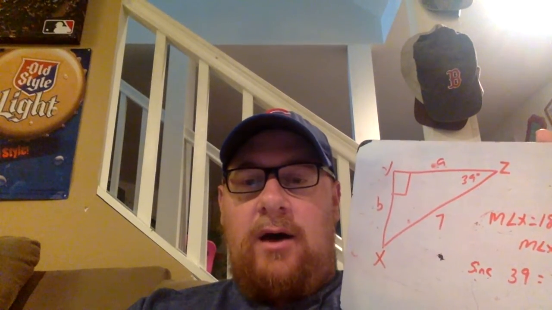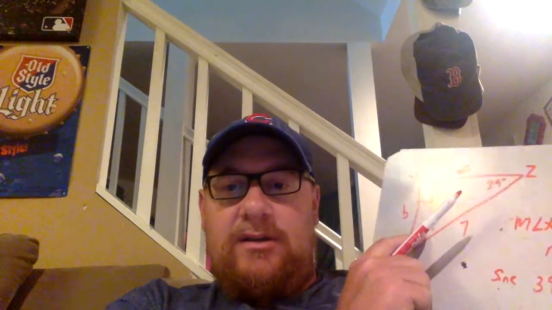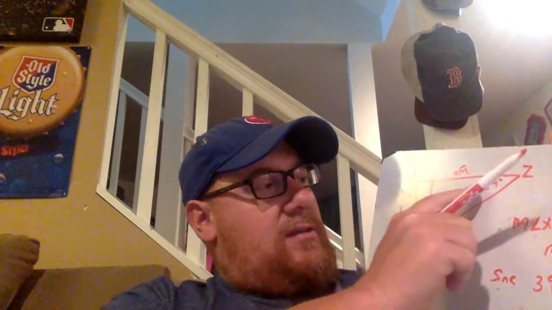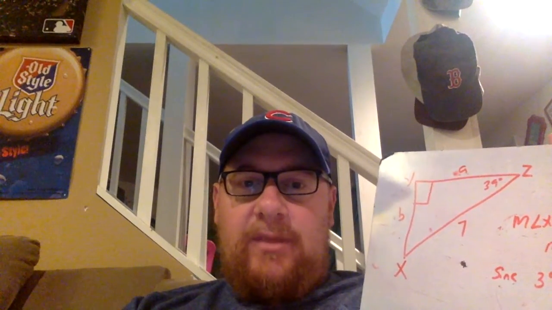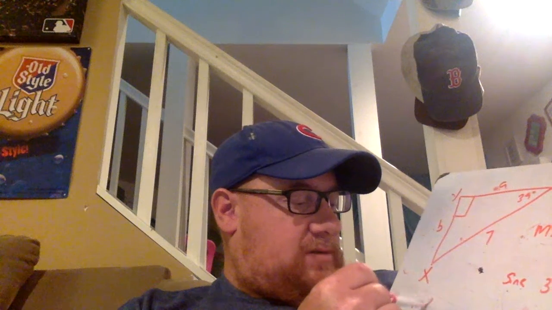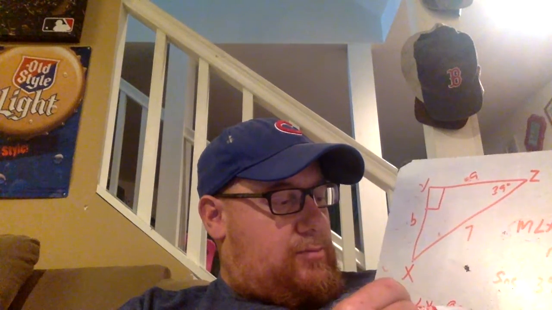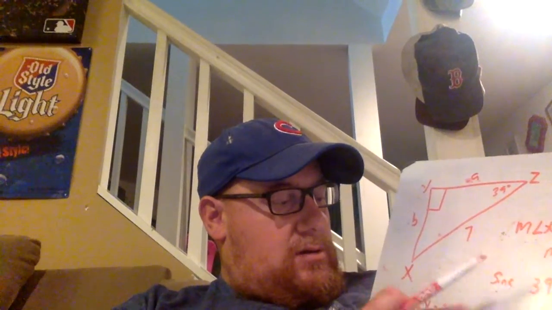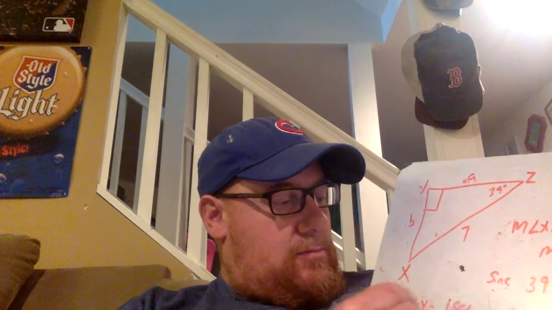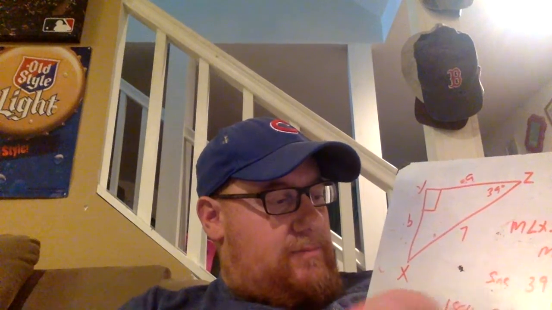Okay. All you had to do yesterday was find the missing angle, and that's actually really easy. So if you know this is 90 and this is 39, the measure of angle x equals 180 minus 90 minus 39.